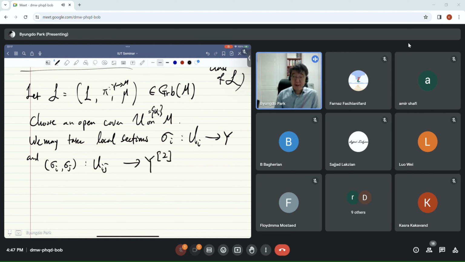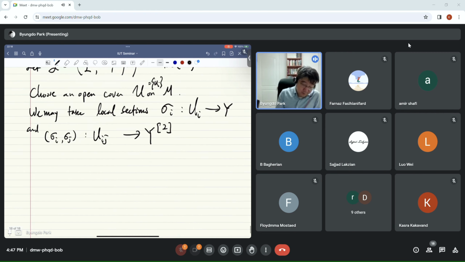So it is clear that this is well defined. If you take x, then it goes to sigma I x, comma sigma J x, and if you project this to M, that goes to x. So how this map is defined is obvious.